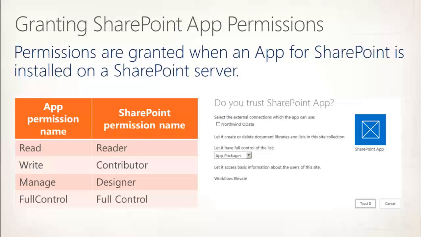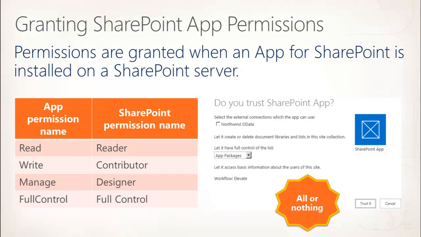When you click Trust It, it's going to work on an all-or-nothing basis. And what I mean by that is, let's say I'm logged into the SharePoint site and I go to install this particular application, and the only permissions that I have are read access to that SharePoint site. Well, the permission list you can see to the left-hand side of the blue box here is asking for more things than just read access to my SharePoint site.